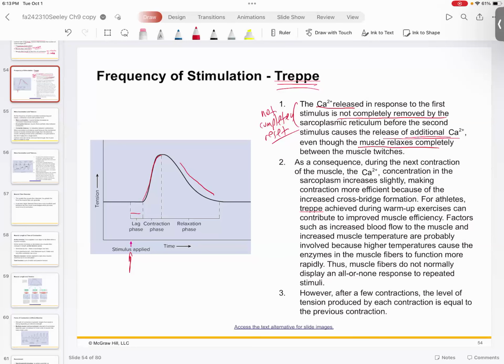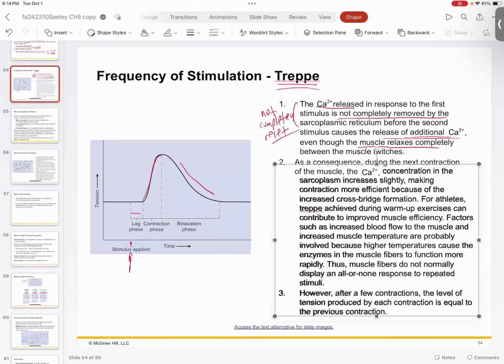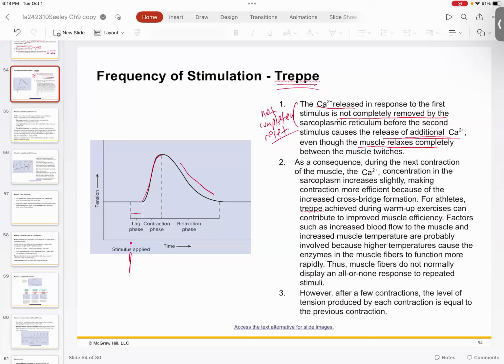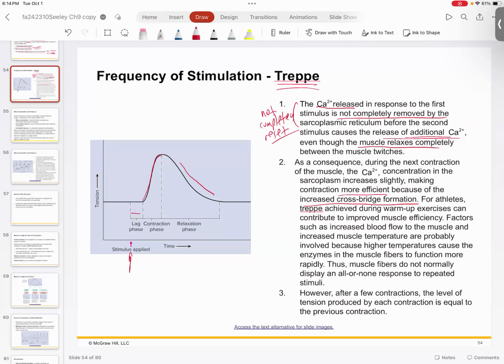So in the next contraction, the calcium concentration will increase slightly. And because there's calcium already out there, it's going to cause these cross bridge formations to be a little bit more efficient.